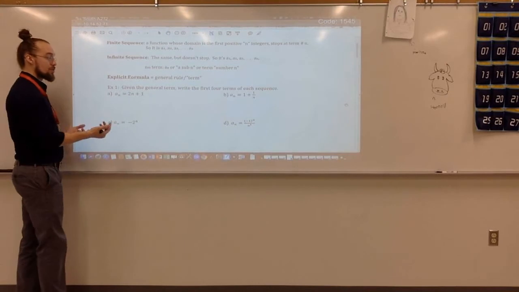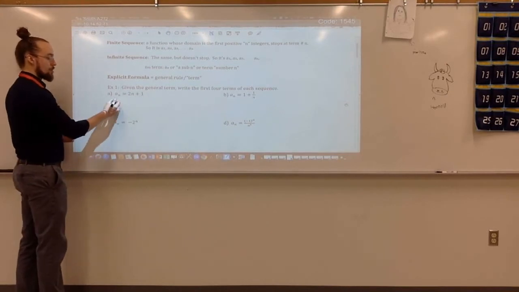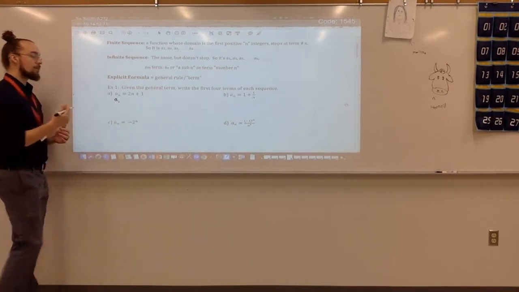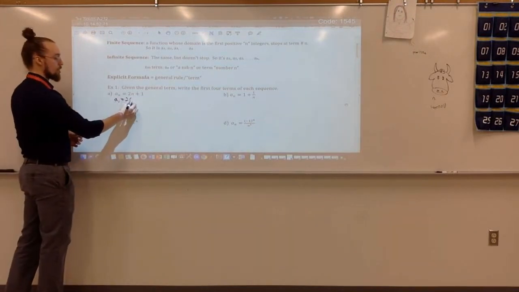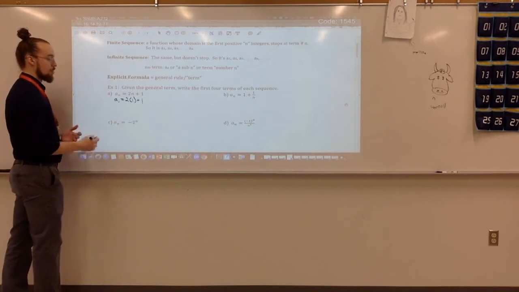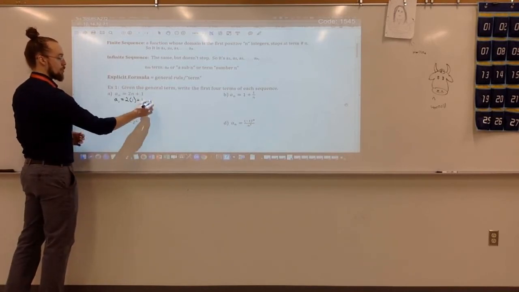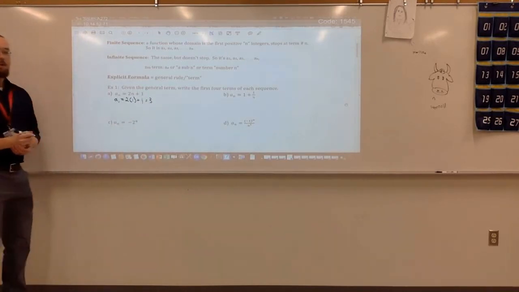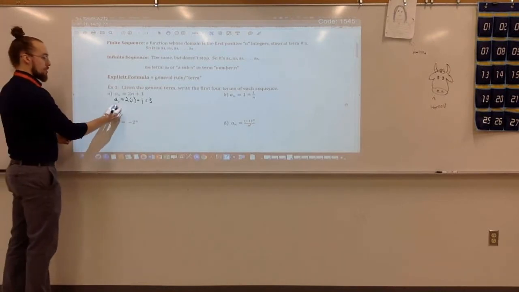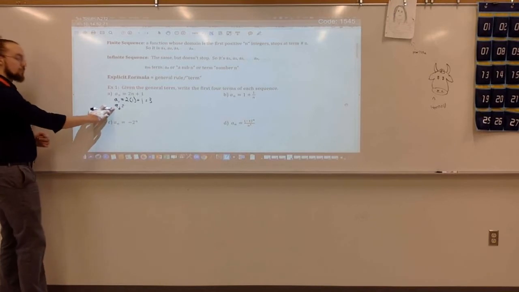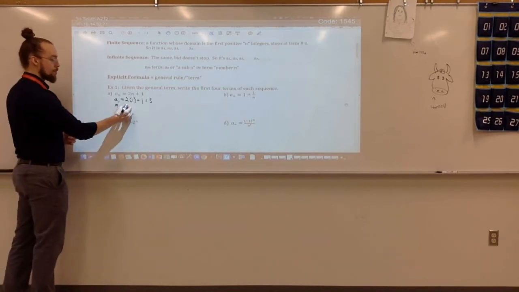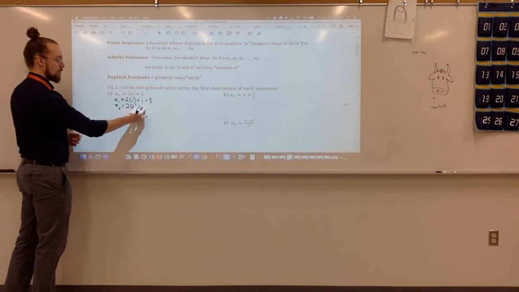So to get the first term in a sequence, I'm going to plug in 1 for n. So I'm going to say a sub 1 equals 2 times 1 plus 1. So that'll be 2 plus 1 is 3. Then these questions ask us to get the first 4 terms. So my second term, which I would denote as a sub 2, is going to be 2 times 2 plus 1.